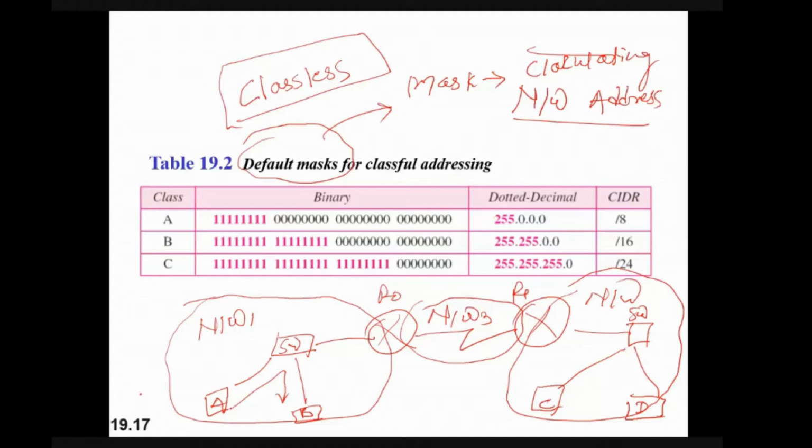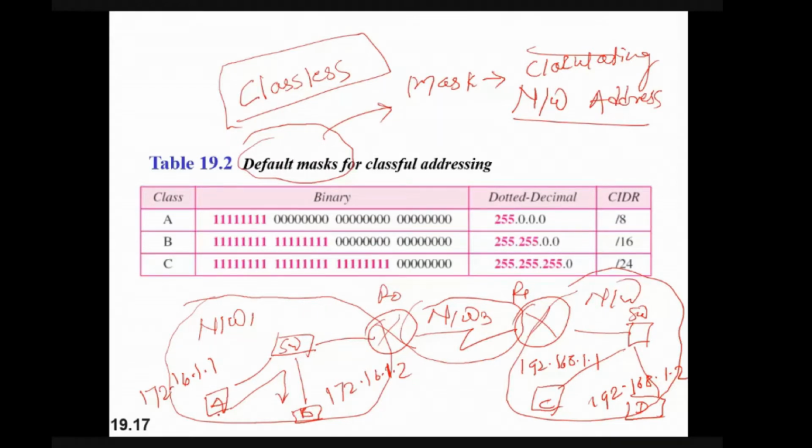A has the IP address 172.16.1.1, B has 172.16.1.2, C has 192.168.1.1, and D has 192.168.1.2. If A wants to send data to B, they are in the same network, so the switch will simply forward this data to B.